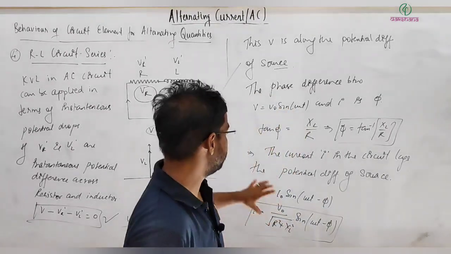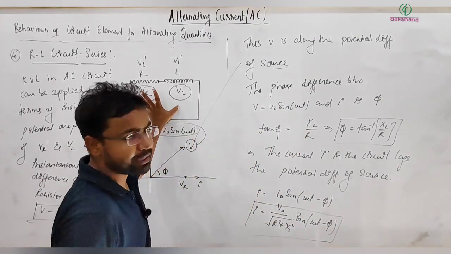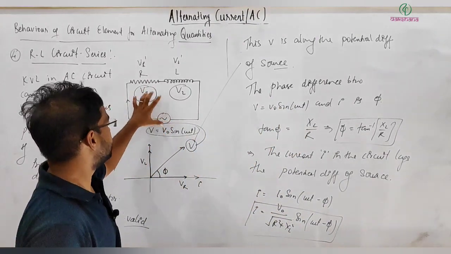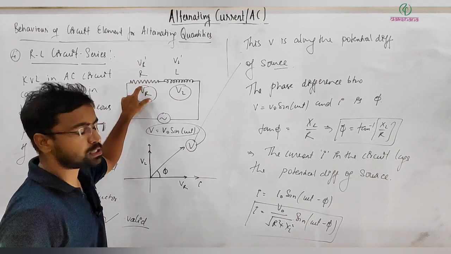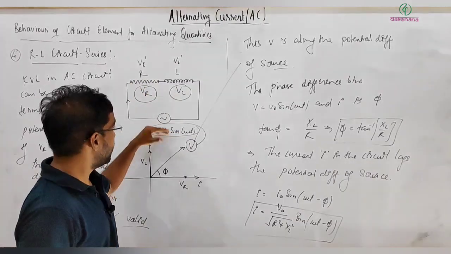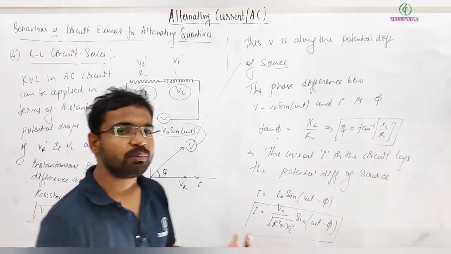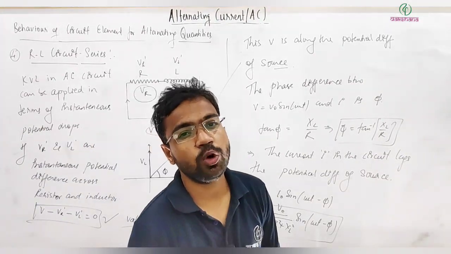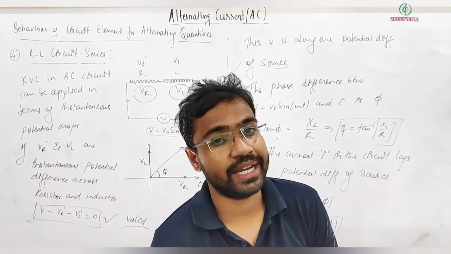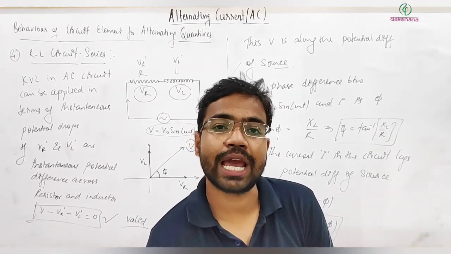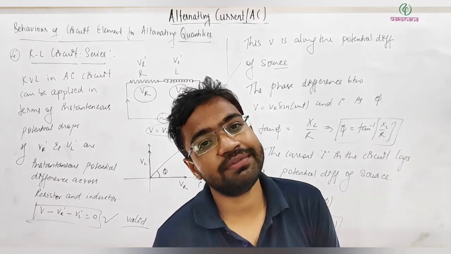So for this simple case, I tried to get the peak value of potential drop across the resistor and across the inductor, and how we can apply KVL. KVL normally we do not write, because if you go with KVL then things will become a little bit complex. It will be difficult to solve that equation. So it's easier to do the calculation with a phasor diagram.